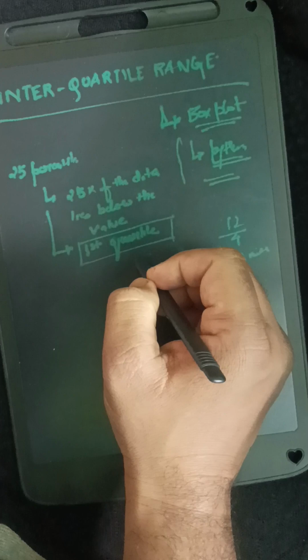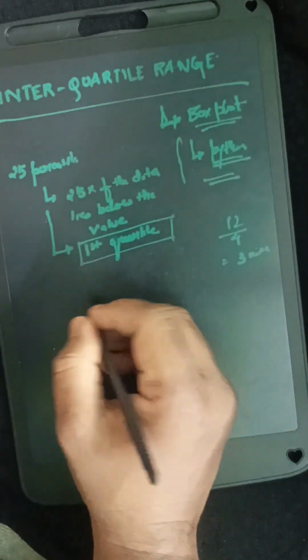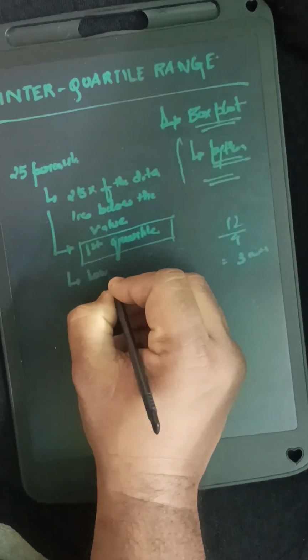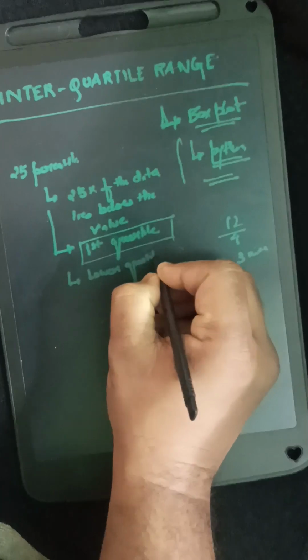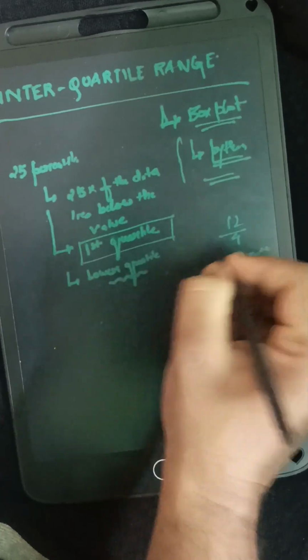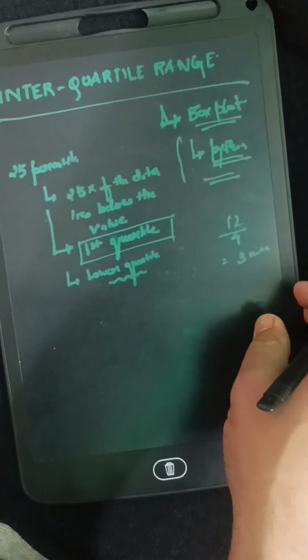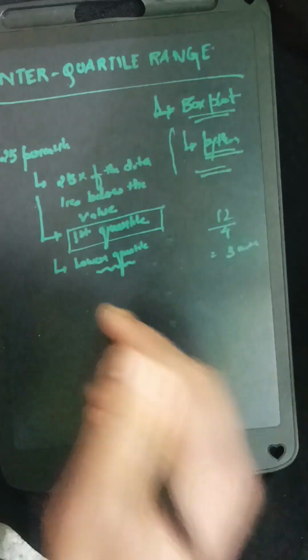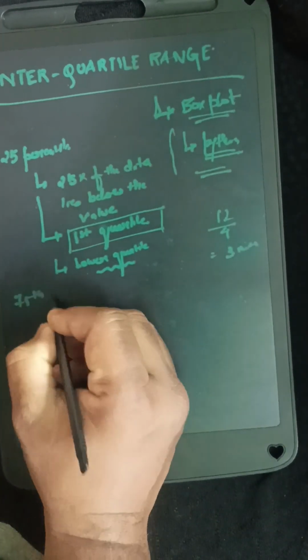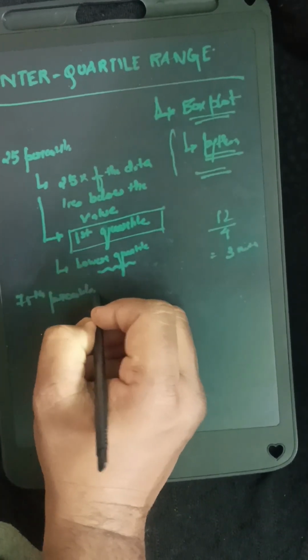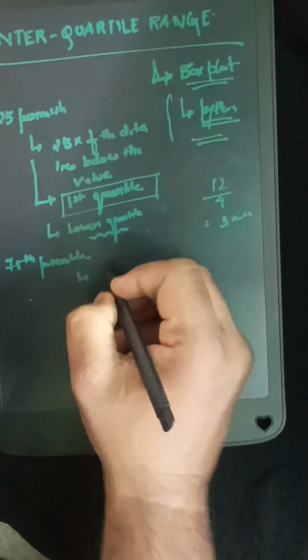Since it is a percentile, we refer to it as the first quartile, and it is also termed the lower quartile. Why is this the lower quartile? We will see it while visualizing in the box plot. It will be very much clear. And similarly, the 75th percentile, how do we refer to this?